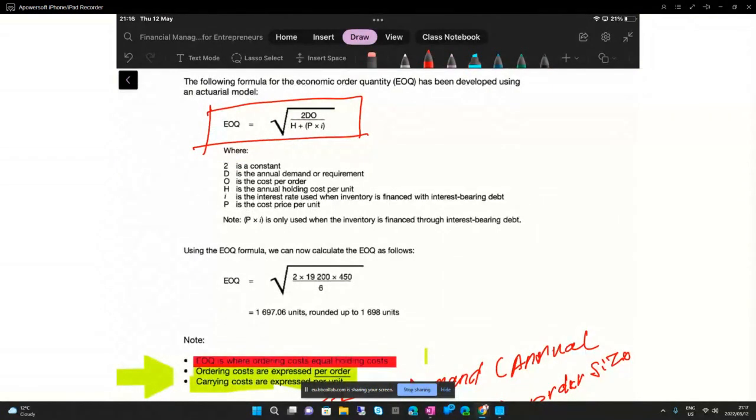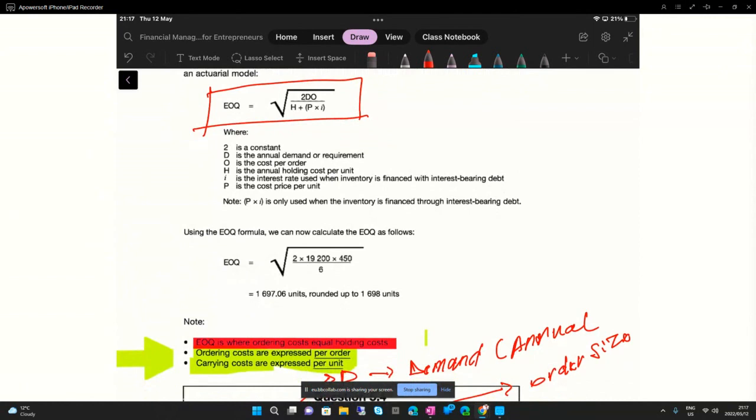D is the annual demand or requirement, the demand of a particular product. O is the cost of order. H is the annual holding cost per unit. Remember, the cost is per order.